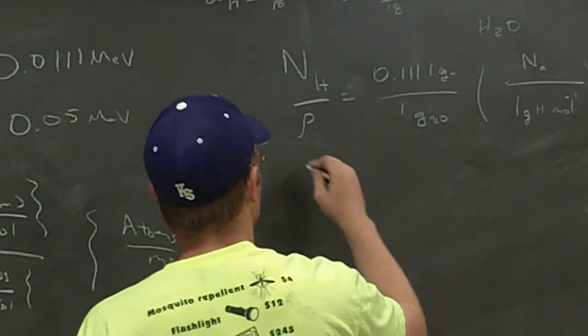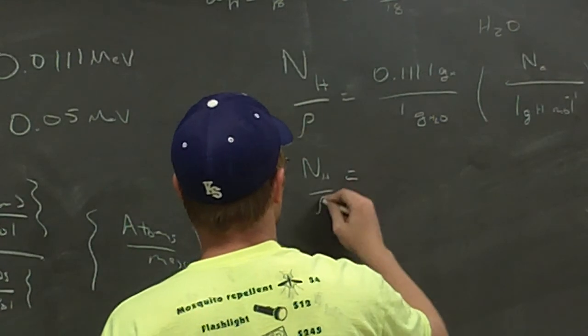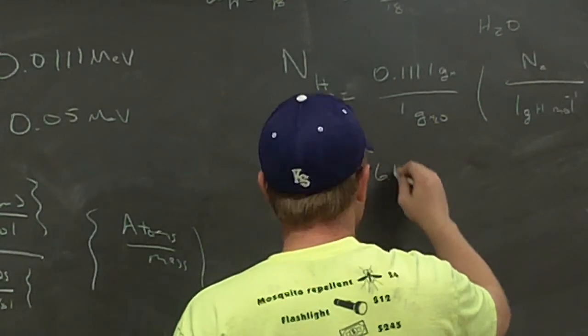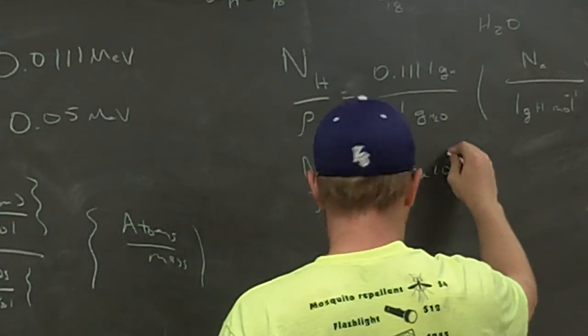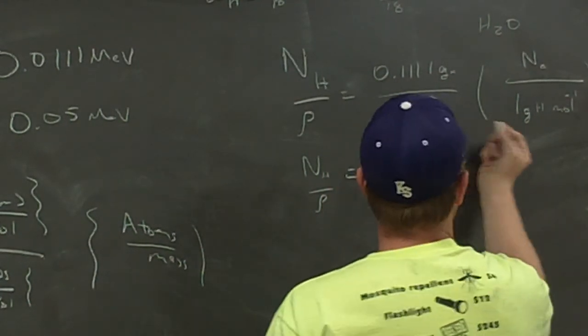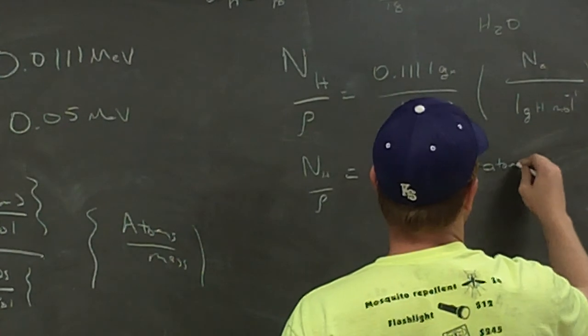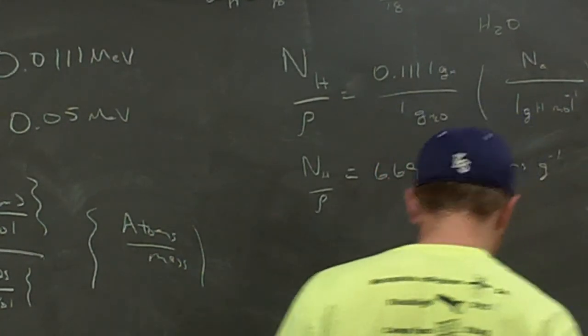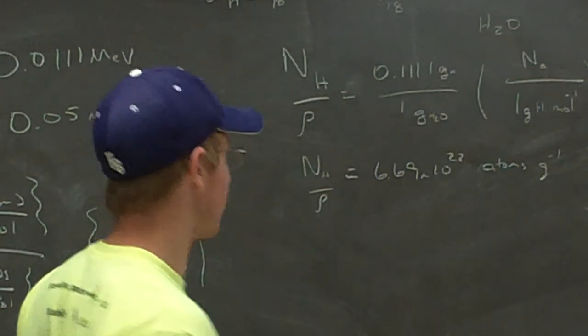And you get, for hydrogen, 6.69 times 10 to the 22 atoms per gram of water.